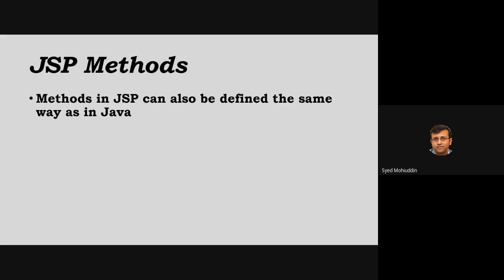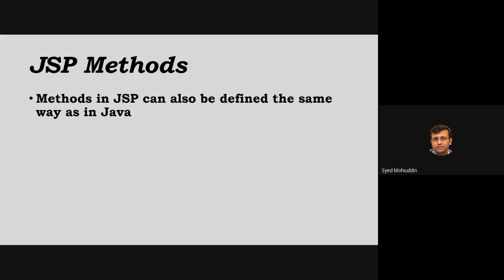Methods can be declared with a class or without a class, it doesn't matter. Methods can be defined in the same way as in Java. For example, a method should have a name. It should have a list of arguments or parameters, if at all it has any, or it can also have no parameters. You can have a function which does not contain any parameters.